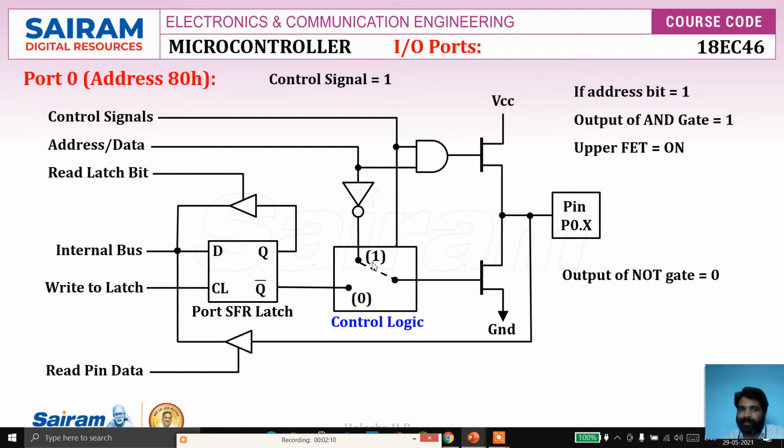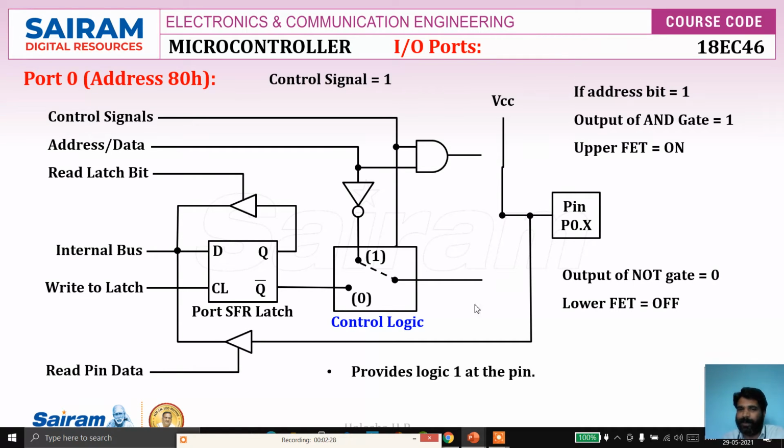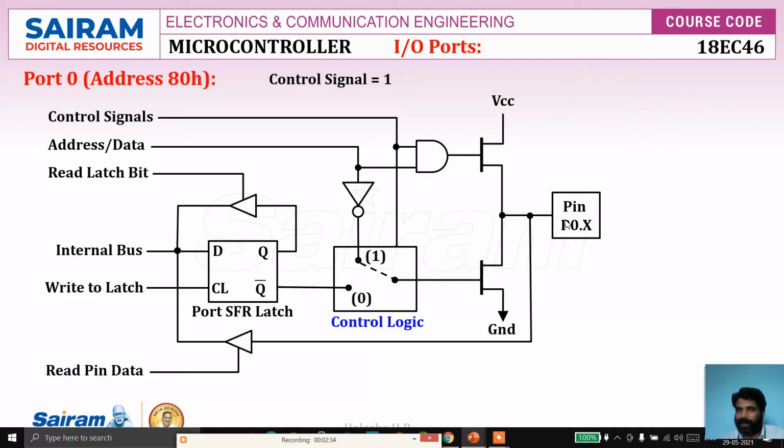And then see here, the address bit is 1, that is connected to the NOT gate. Its output is 0, that is connected to the lower FET. So the lower FET is off. So the lower FET is open circuit, upper FET is short circuit. Thereby it provides 1 to the pin. So this VCC flows to the pin, it becomes 1.